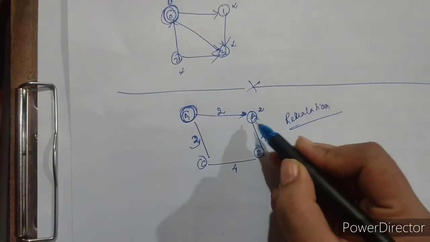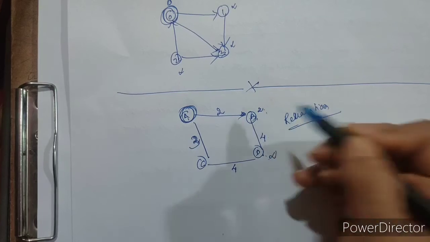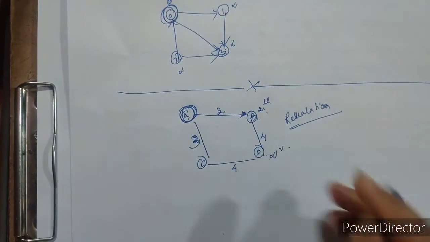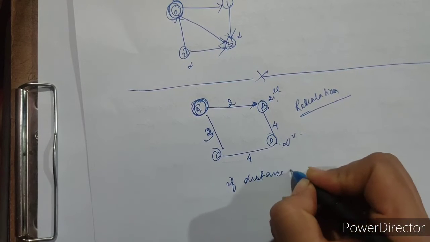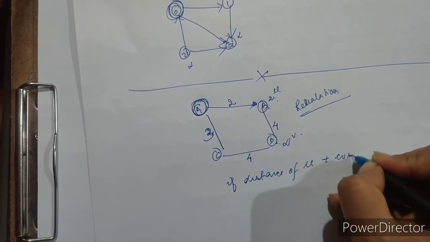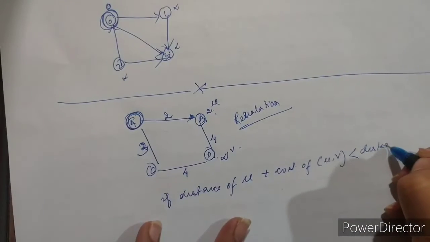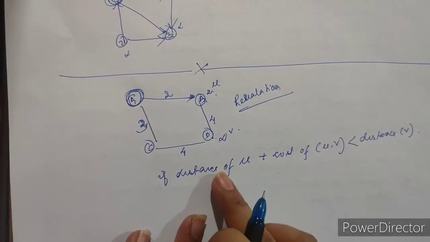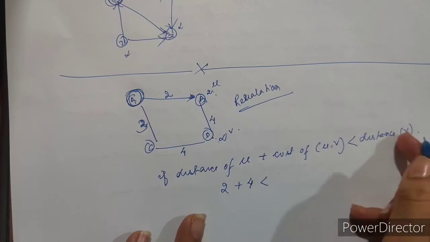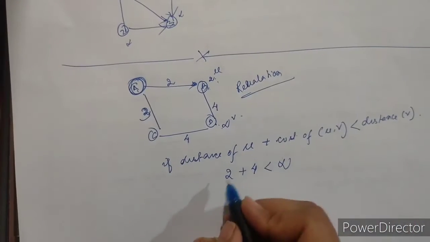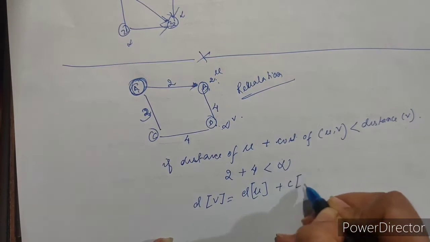Suppose the distance from A to B is 2. Suppose this is my U and this is my V. How does relaxation work? If distance of U plus cost of UV is less than distance of V, then d of V is equal to d of U plus cost of UV.